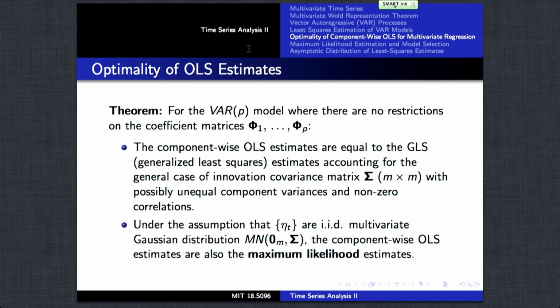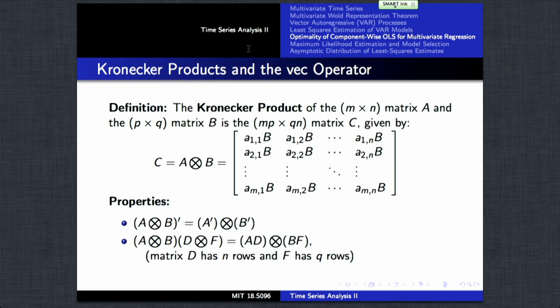You'll recall we talked about the Gauss-Markov theorem, where we were able to extend the assumption of equal variances across observations to unequal variances and covariances. It turns out that these component-wise OLS estimates are in fact the generalized least squares estimates. And under the assumption of Gaussian distributions for the innovations, they in fact are maximum likelihood estimates.